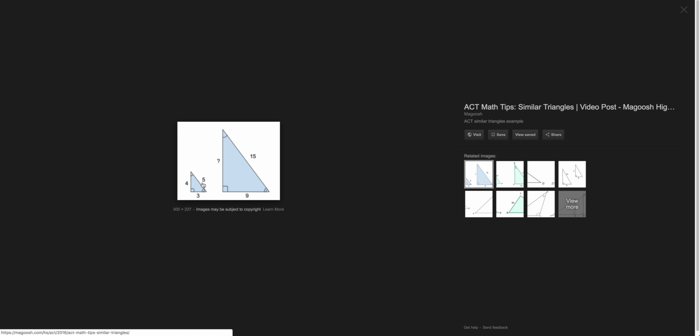So for instance, in this small triangle, the left side over the bottom side is 4/3. And so if we did that ratio in the bigger triangle, we should also get the same ratio. So for instance, we scaled this triangle by a factor of 3 to go from 3 to 9. So that means that this 4 should become a 12.